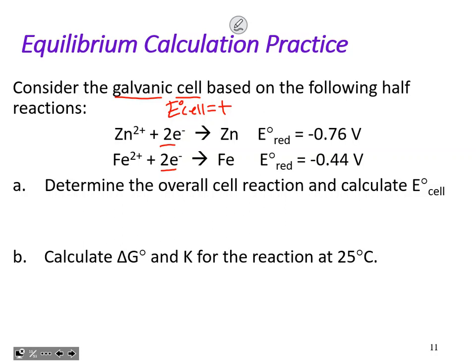All we have to do is flip one of them to get a positive cell, calculating this E cell here. Out of the 2, which one needs to be the oxidation reaction? Is it the zinc or the iron? Which one of those needs to be oxidized here to make this come out to having a positive E cell? The first reaction or the second reaction?